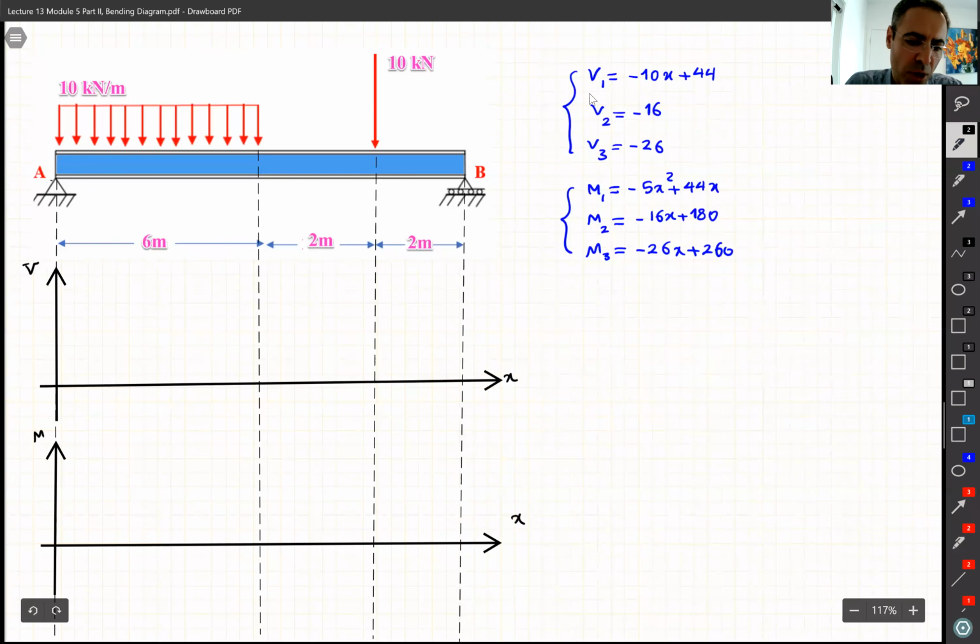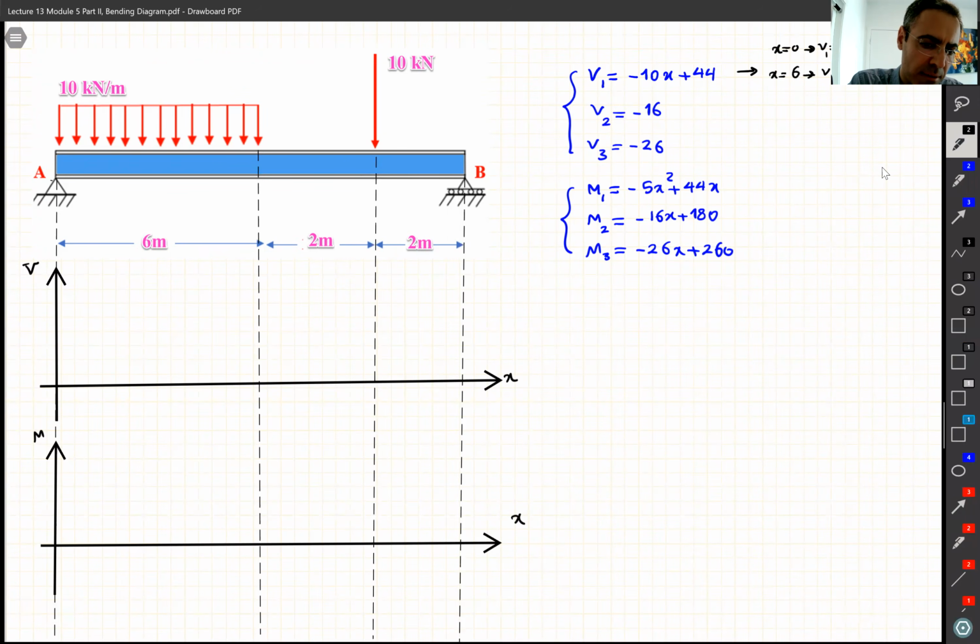So our plan is to draw these things. V1 is a line, minus 10x plus 44. And for a line, we know that we need 2 points. X equal to 0 gives me V1 equal to 44. And X equal to the boundary 6 gives me V equal to minus 16.